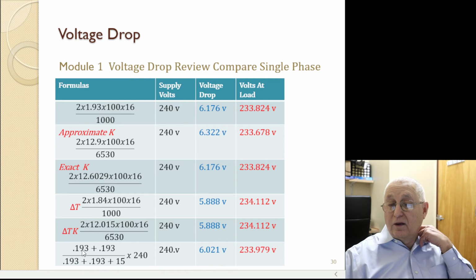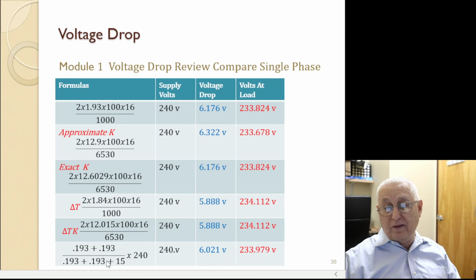Now here, this is a voltage drop formula that we used in the Ohm's law calculations when we're in that video series. What I did here is this 0.193, that's the ohms value for 100 feet of each conductor, and there are 2 conductors.